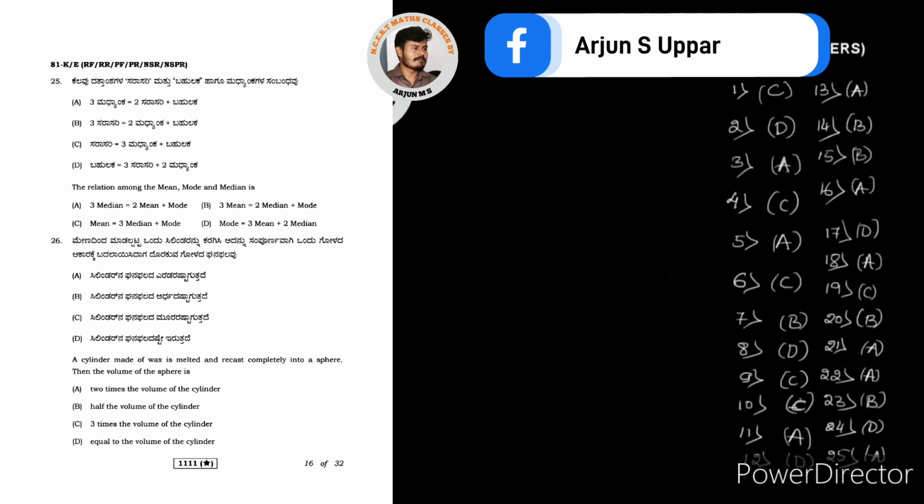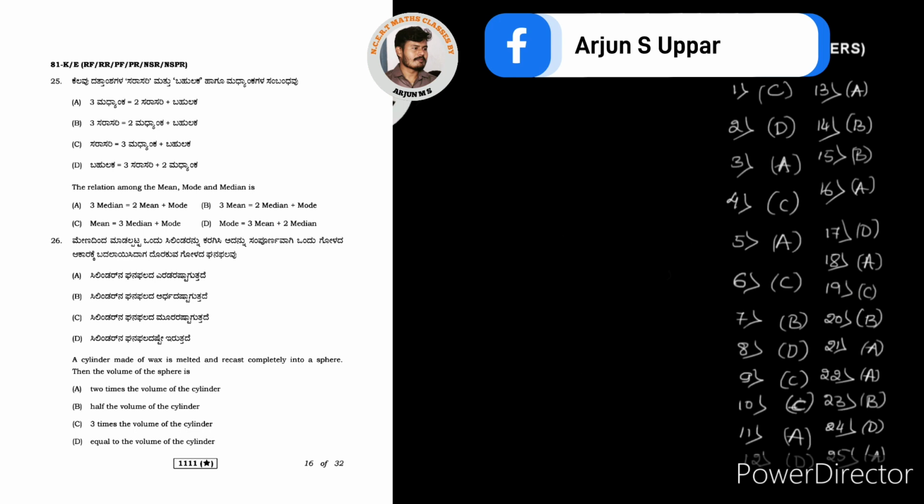So take down the next question, the 26th question. A cylinder made of wax is melted and recast completely into a sphere. Then the volume of the sphere is... If you consider any cylindrical solid and it is melted and recast into any other shape, the volumes of both solids remain the same.